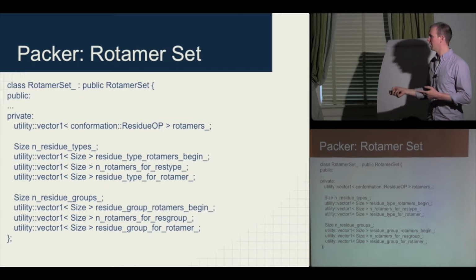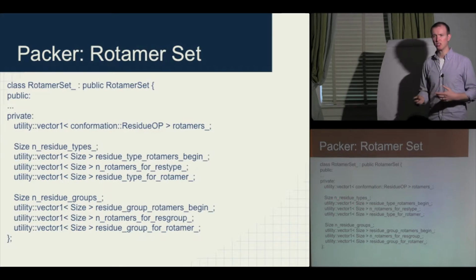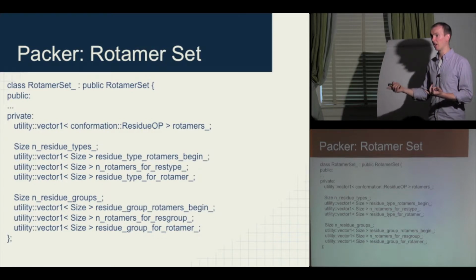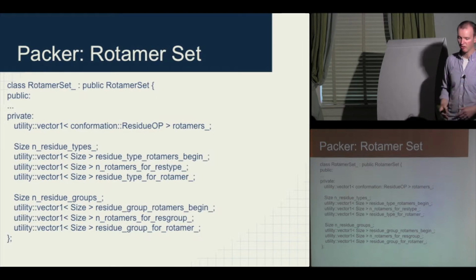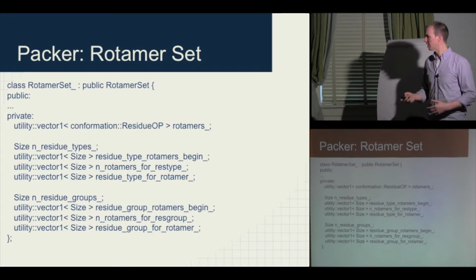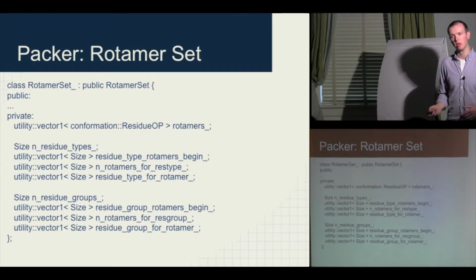So basically, this is a little bit of a hack so that we could have the number of residue types, which is going to be 21 if you're going to design all amino acids, because we have two different residue types for histidine, one that's protonated on ND1 and one that's protonated on NE2. And then 20 different residue groups where you've taken histidine and pushed it together. And that's useful for some things that I'm not going to talk about. But if you look at the number of residue types versus the number of residue groups, that's what's going on there.